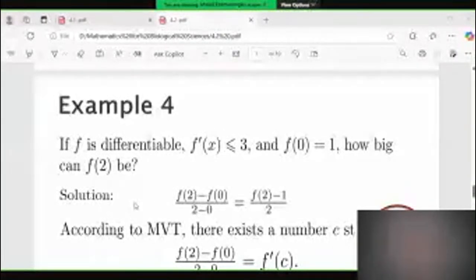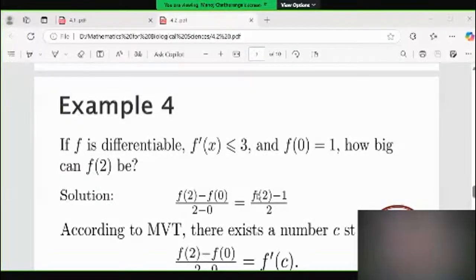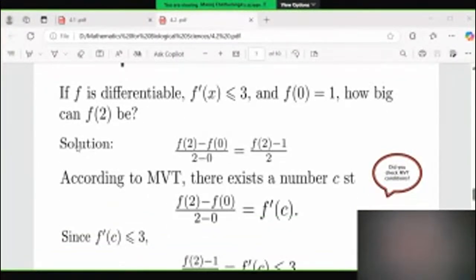So the slope of the line joining endpoints is f of 2 minus f of 0 divided by 2 minus 0. So we know everything but f of 2. According to the mean value theorem, there is a number c such that this quotient equals the derivative at c.